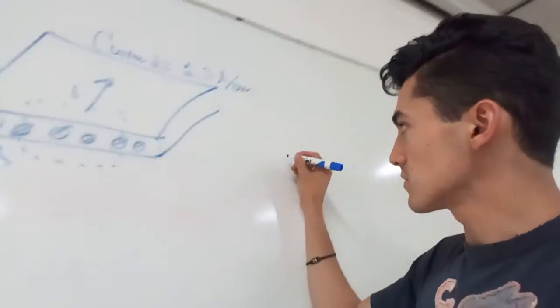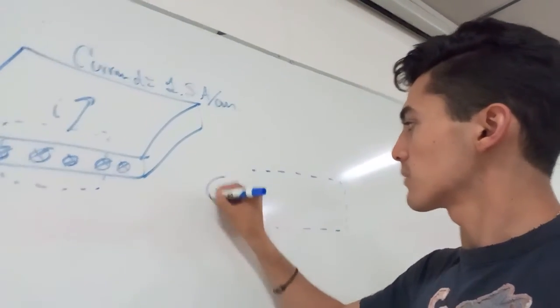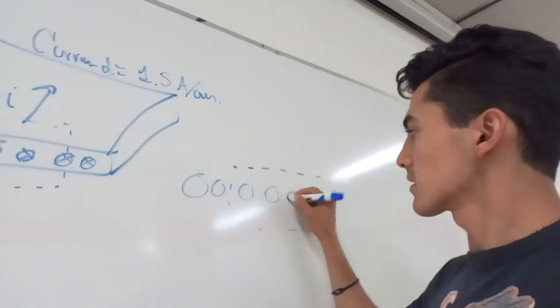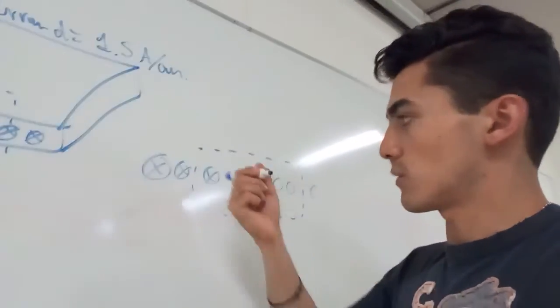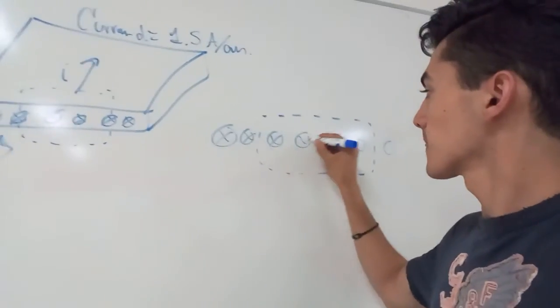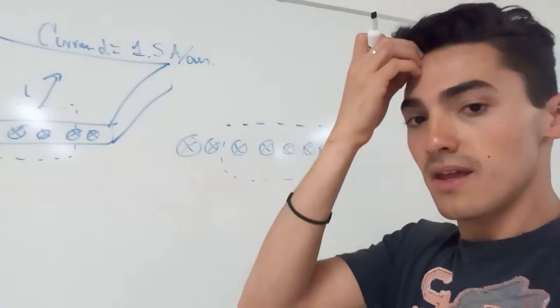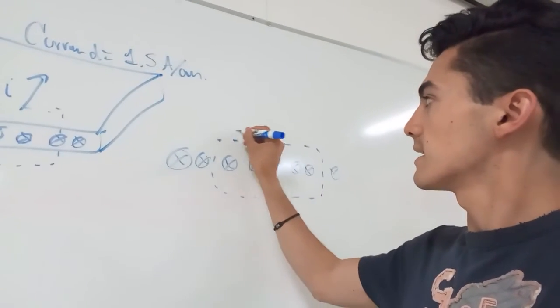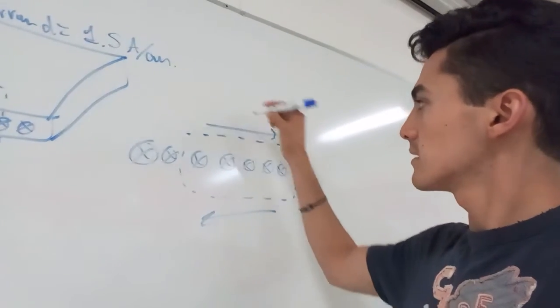So I'm gonna draw it in here. We will have a path and we will have here our current vectors that are going toward that direction. And we can establish that the direction will be in that direction.